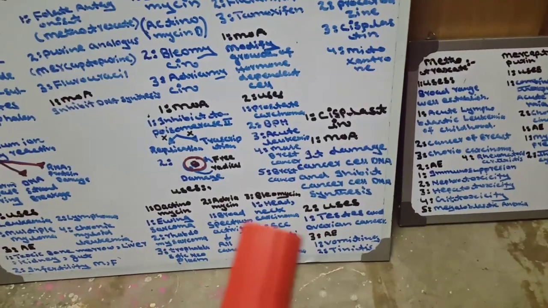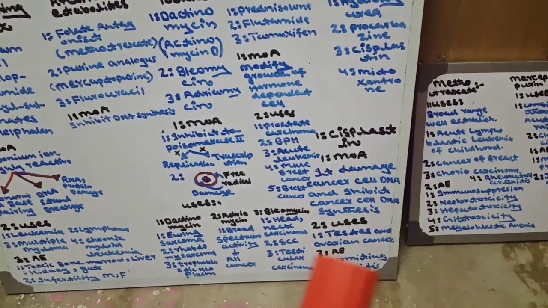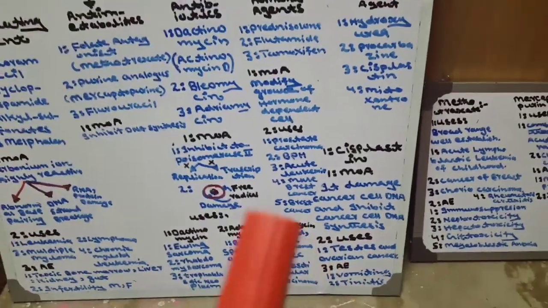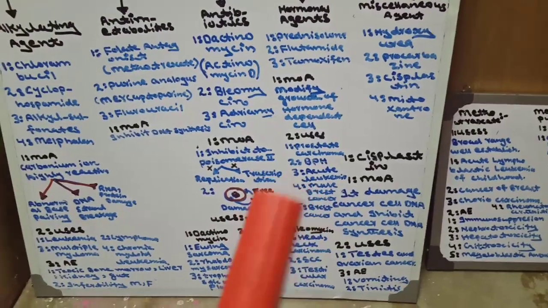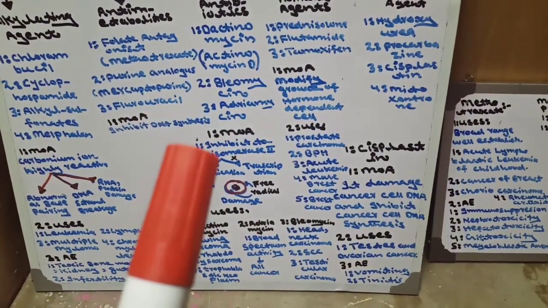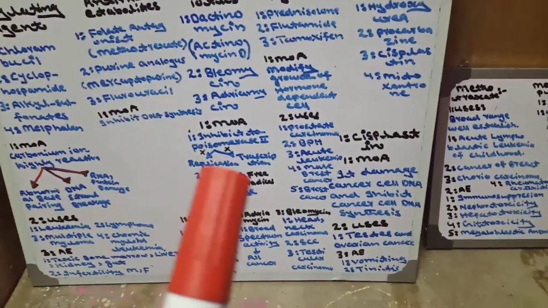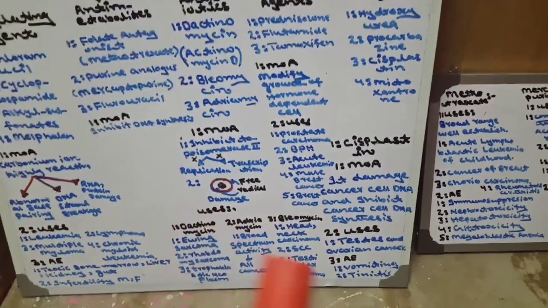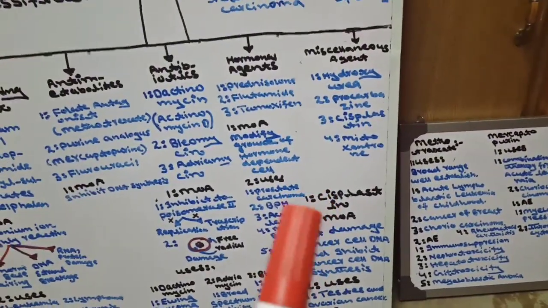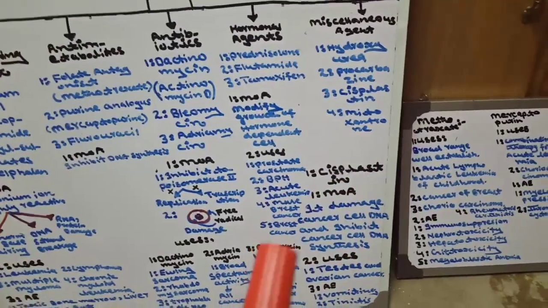Now uses. Cisplatin is used in testes and ovarian cancer. By this we can easily remember, like cysts mostly occur in female ovaries, uterus and male testes, and the drug name resembles the cyst: cisplatin.